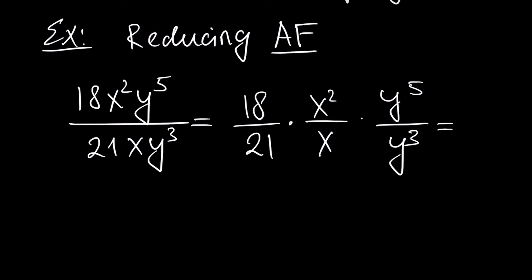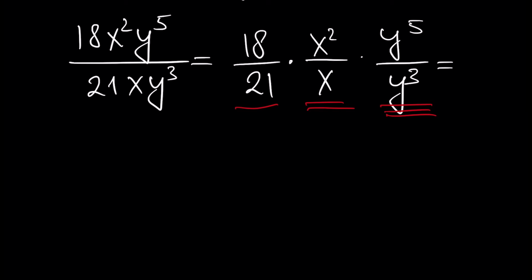And each of these elements of our fraction must be cancelled out correspondingly. First of all, we look at the first element. Since 18 can be represented as 3 times 6, and 21 is represented as 3 times 7, and this 3 and 3 cancel out, we have 6 over 7.